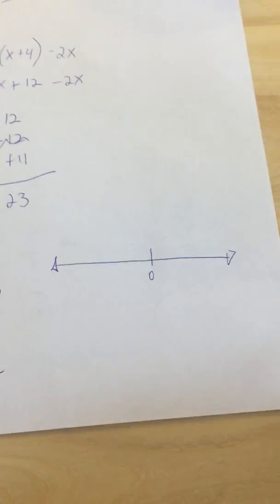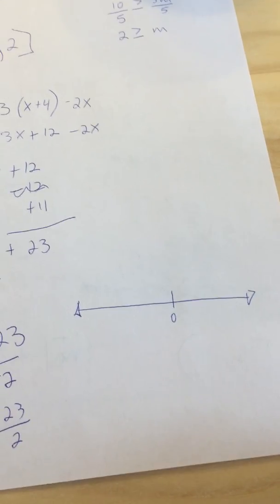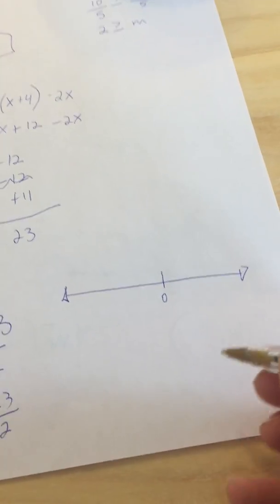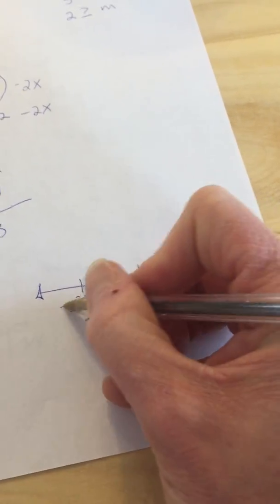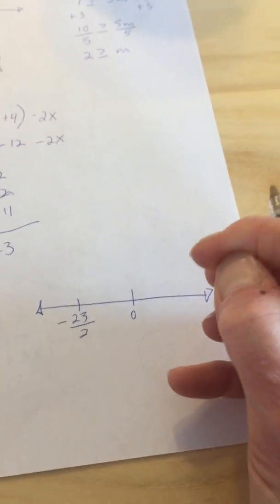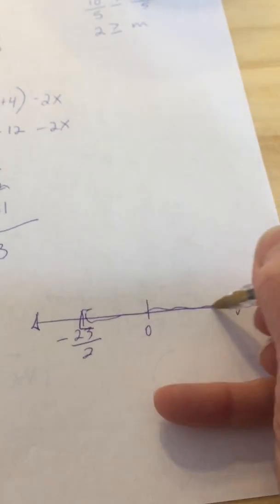It's okay. All right. So if you think about it, negative 23 halves is going to be down here. And x is going to be greater than or equal to it. So I'm going to go this way and go on up.